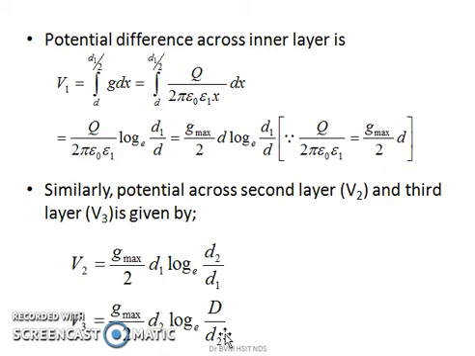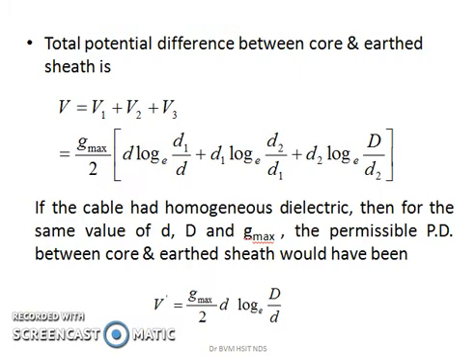Okay, this is what V1, V2 and V3 we have calculated. Now the total potential difference between the core and the earthed sheath, that is from the surface of the conductor to the surface of the last sheath which is earthed, is given by V is equal to V1 plus V2 plus V3. So G max by 2 is taken common: small d natural log of D1 by d plus D1 natural log of D2 by D1 plus D2 natural log of capital D by D2.